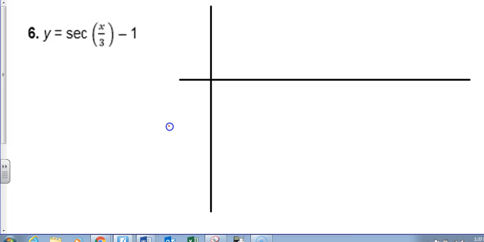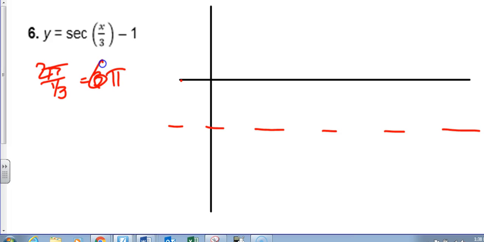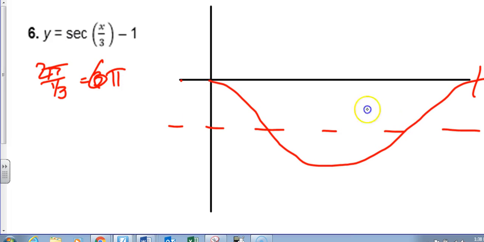Okay. I don't care if you don't do this one, but there's a negative 1. What would pi divided by 1/3 be? 2 pi divided by 1/3 would be 6 pi. It is a cosine, so it would start here and finish by 6 pi.